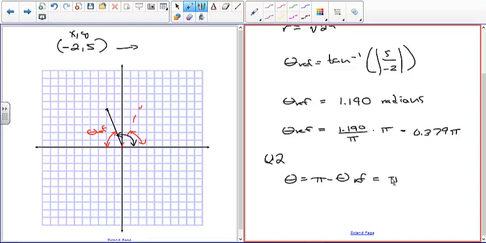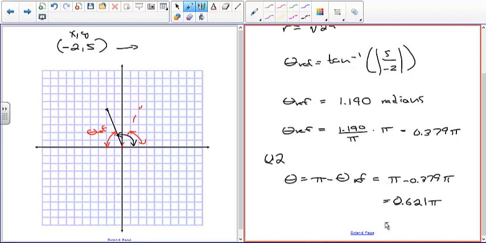In this case, it might be easier to do it in terms of some decimal equivalent of pi. So 1 minus 0.379 is 0.621 pi.